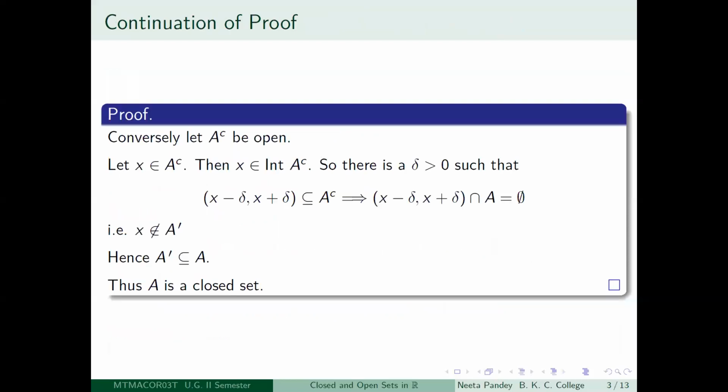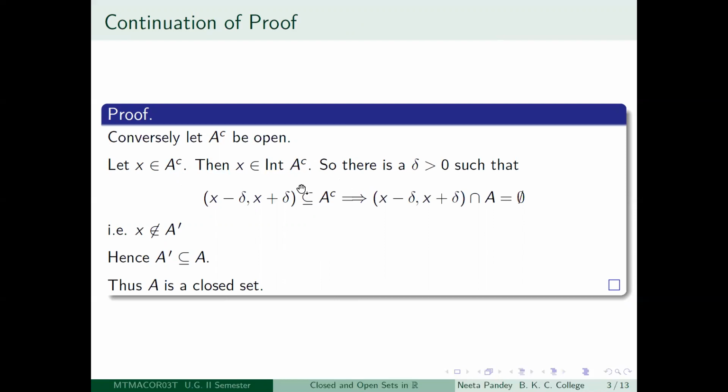Now you have to show that if A complement is open, then A is a closed set. So you assume that A complement is open and take any x in A complement. Then x is clearly an interior point of A complement because it is an open set. So every point of the set is an interior point.